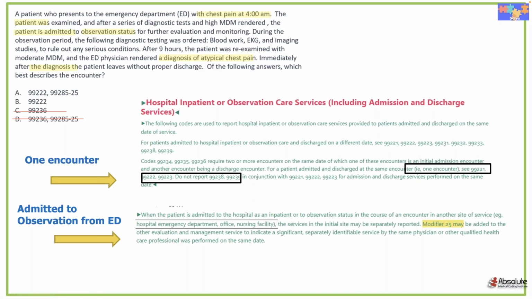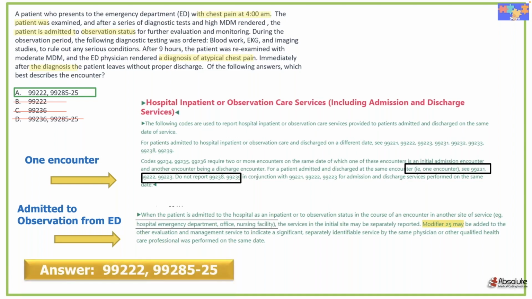If it said that, I would say go ahead and code that ED visit. But like we said, we have to follow the guidance. So a lot of you nailed this. And you know the answer is A, 99222 for your inpatient admission and 99285 with a 25 modifier for your ED visit. All right, coders, I'm going to let that marinate.